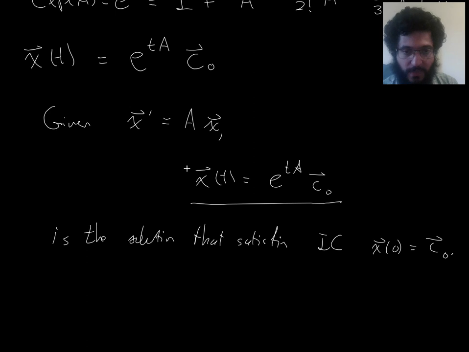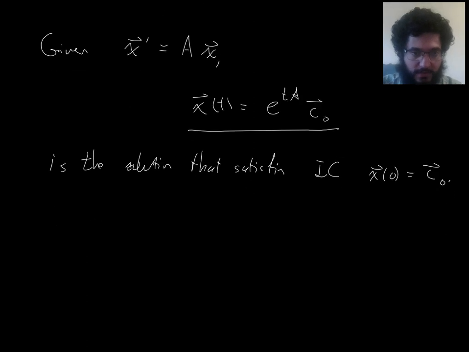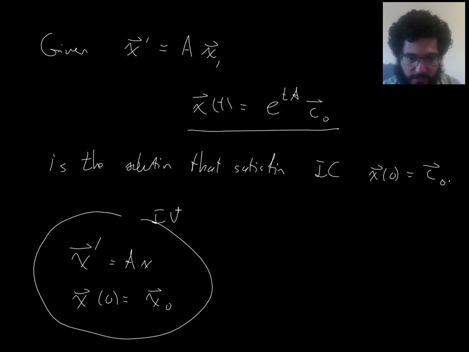So that's very cool. Given a differential equation with a matrix of coefficients and given an initial condition, so given an initial value problem, x prime equals ax, x of 0 equals, let's call it x naught, a vector of initial conditions, here is a quick way to write down the solution.